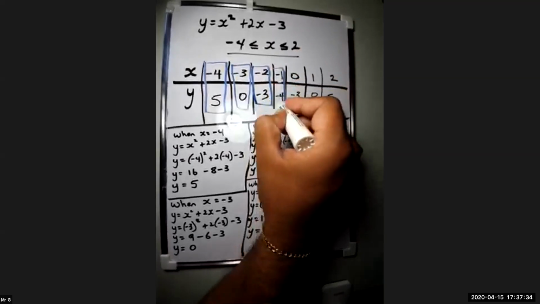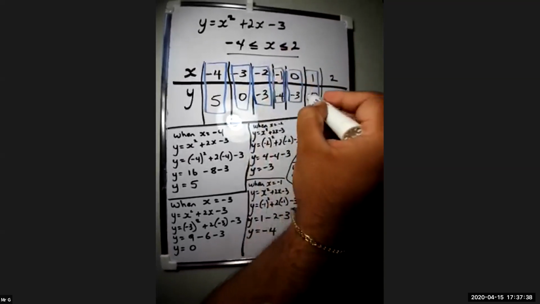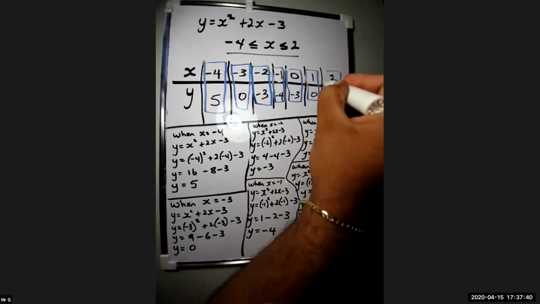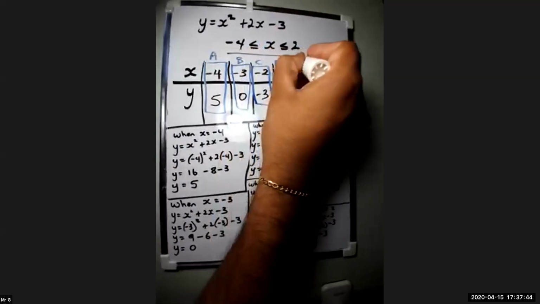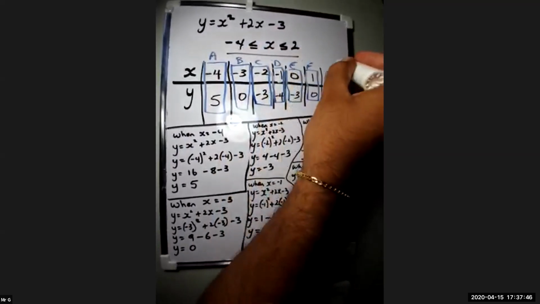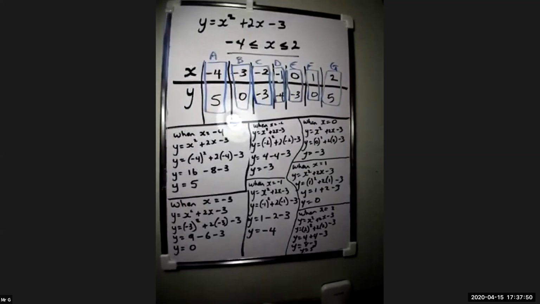Next coordinate, all of these here make up the coordinates in our table of values. Okay? So we can call this A, B, C, D, E, F, G. Everybody okay? You all okay? All right.